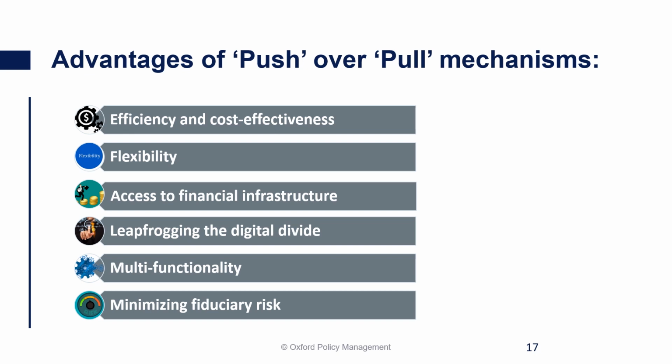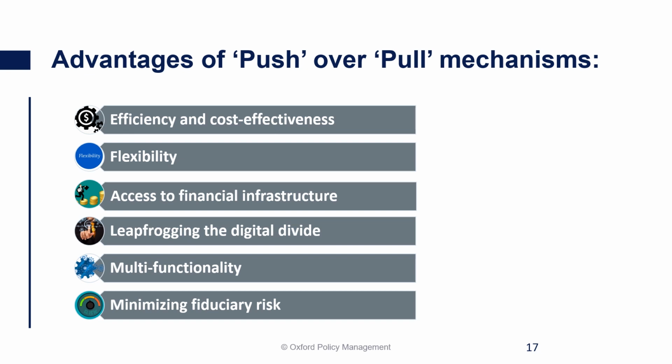The third advantage is access to financial infrastructure. Push mechanisms invariably involve providing recipients with access to financial infrastructure such as mobile banking services, ATMs, and swipe cards or smart cards, all of which are inaccessible to most of the poor rural population, especially in Pakistan.